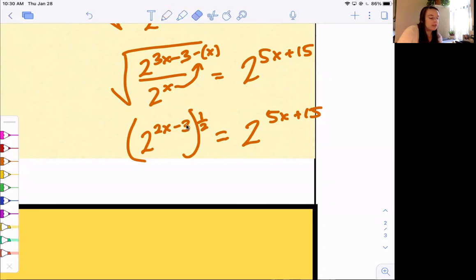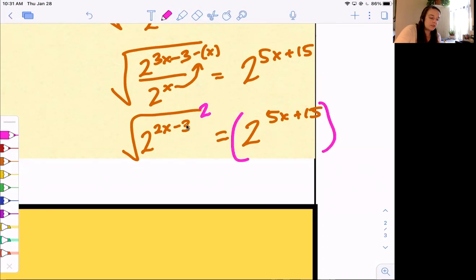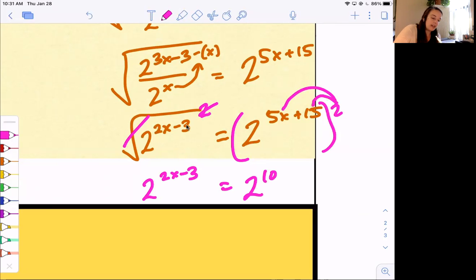Since we're working with equations, I actually think it would be easier to ask, what's the opposite of a square root? It's a square, right? Yes. So if I square that side, I also need to square this side. The square root and square cancel and leave me with 2 to the 2x minus 3 equals, and then the 2 goes on the 5x and the 2 goes on the 15. So 2 to the 10x plus 30, like that.